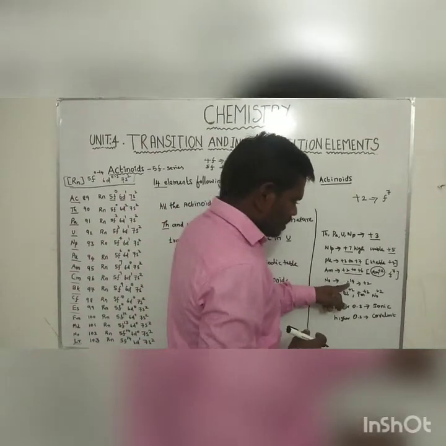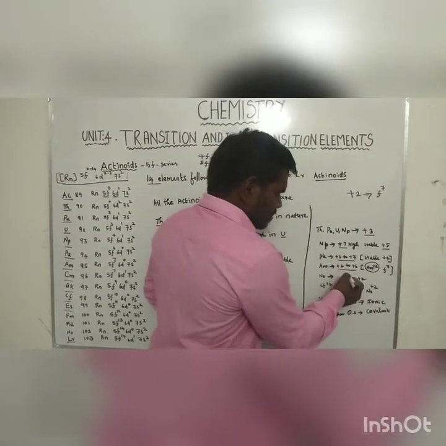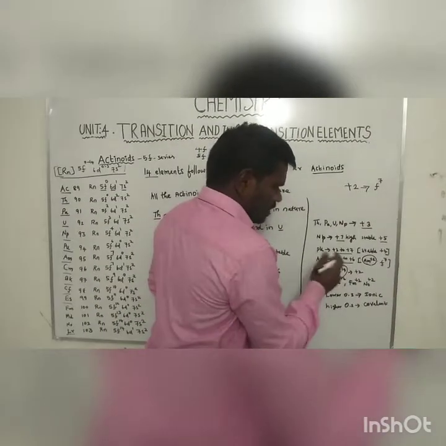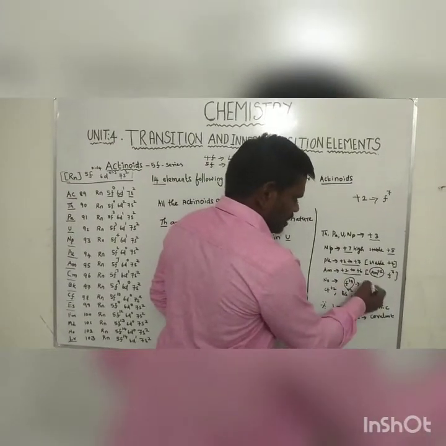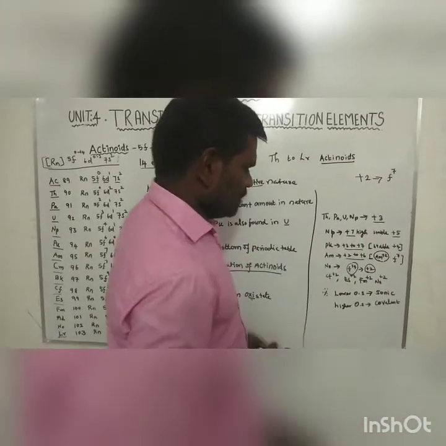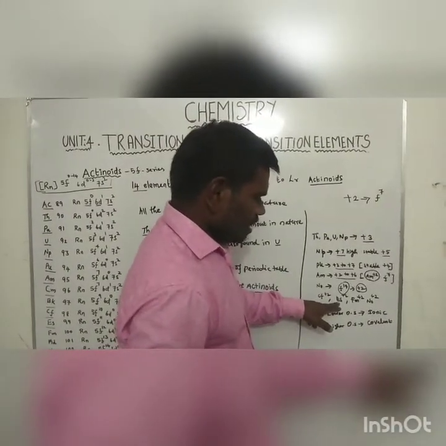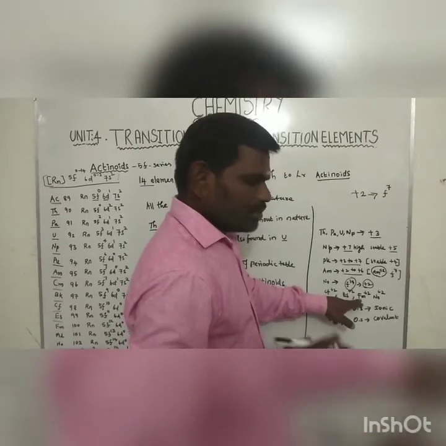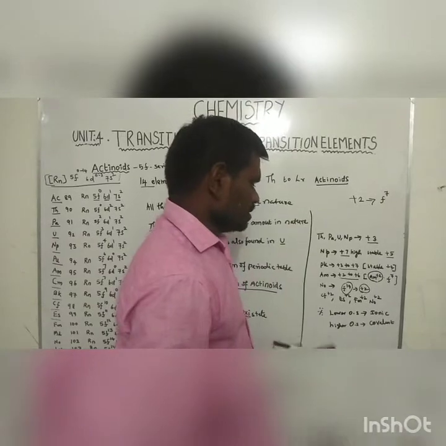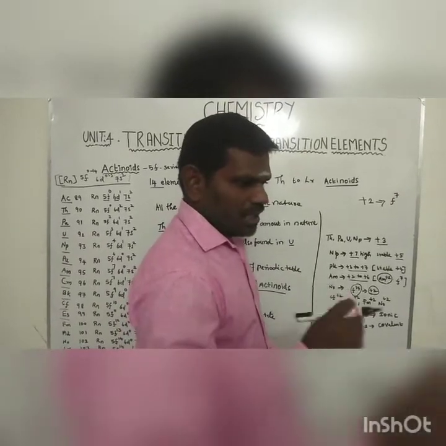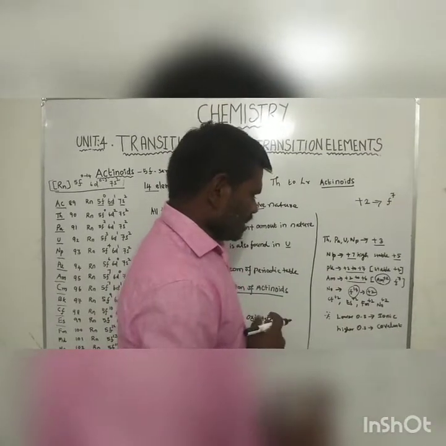Nobelium also has 4f14, where the f orbital has 14 electrons, so +2 is more stable. Californium, einsteinium, fermium and nobelium also exhibit +2. For these elements, the common oxidation state is +2, which is the more stable electronic configuration.